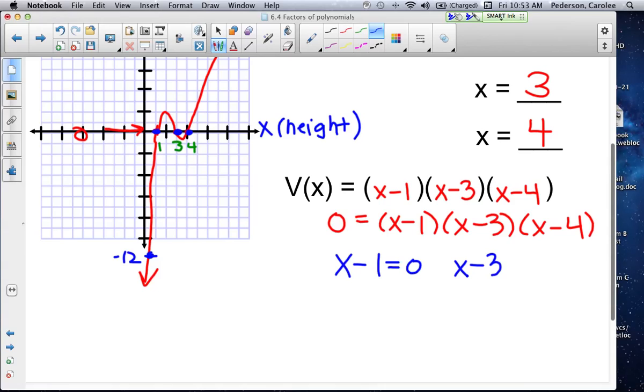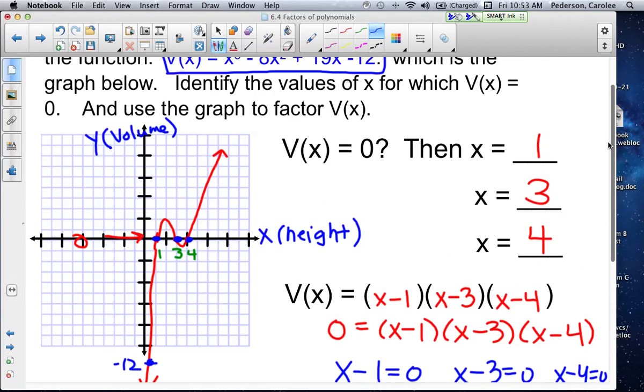So if I look at this, I would add 1, I would add 3, and then I would add 4. Look, those are my x-intercepts. They are when the value of the volume would equal 0.